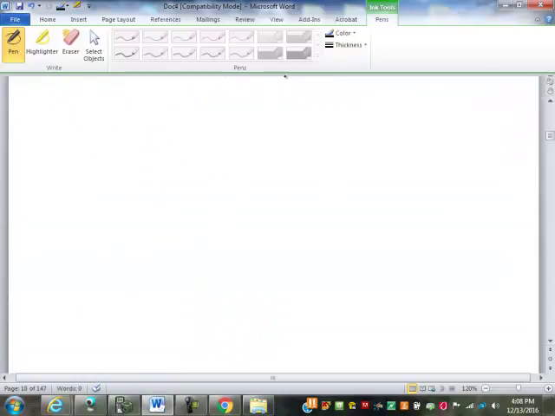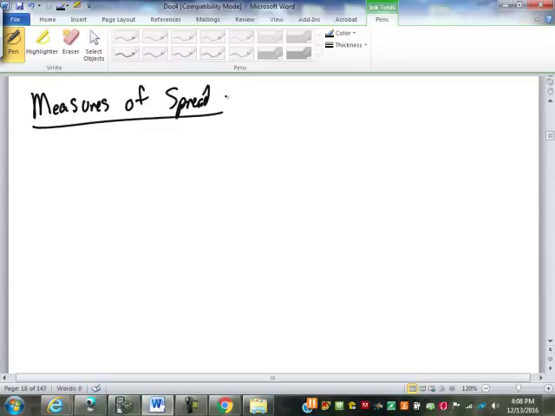Let's talk about measures of spread then. Our easiest measure of spread is something called the range. The range is the maximum minus the minimum. The maximum is the largest number in the list.